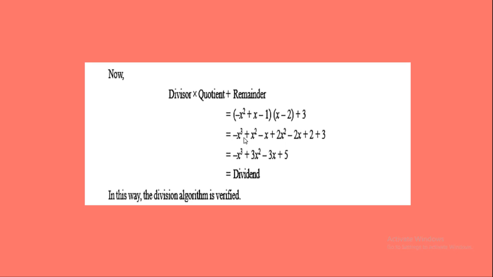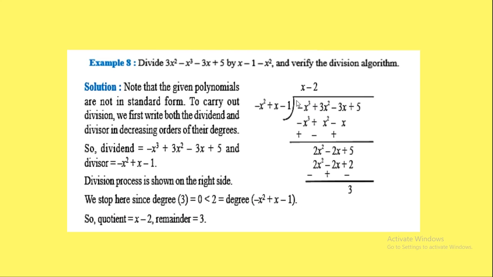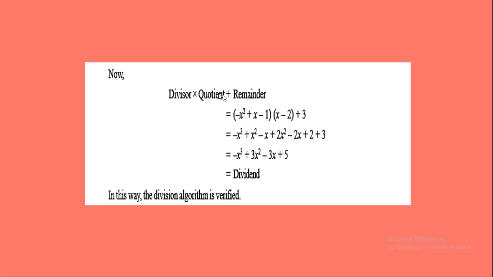We will get minus x cube plus x square minus x plus 2x square minus 2x plus 2 plus 3. That is equal to minus x cube plus 3x square minus 3x plus 5, and this is equal to the dividend. Thus we verified the division algorithm: when dividing two polynomials, the dividend will always be equal to the product of the divisor and the quotient plus the remainder.